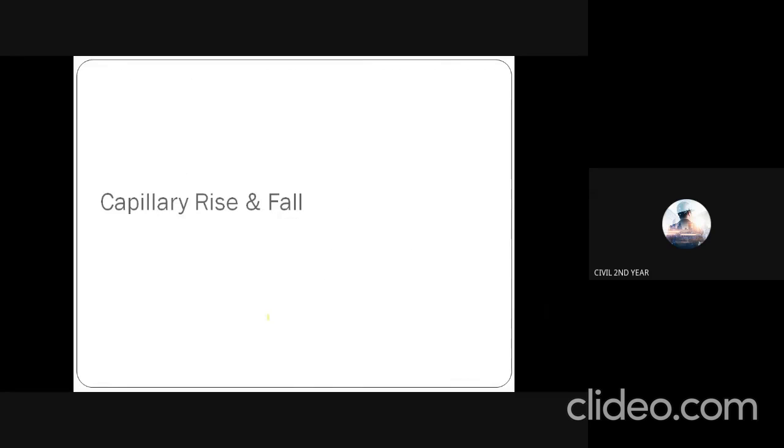So what is meant by capillary rise and capillary fall? Consider a vessel full of water. We insert a glass tube, and the water level increases in the glass tube.